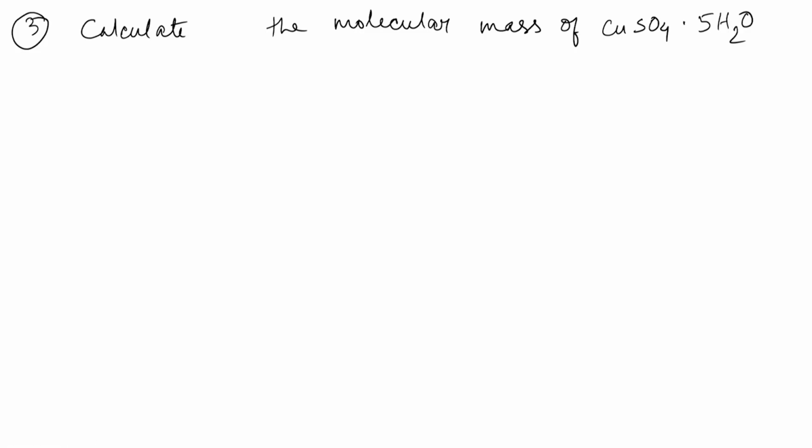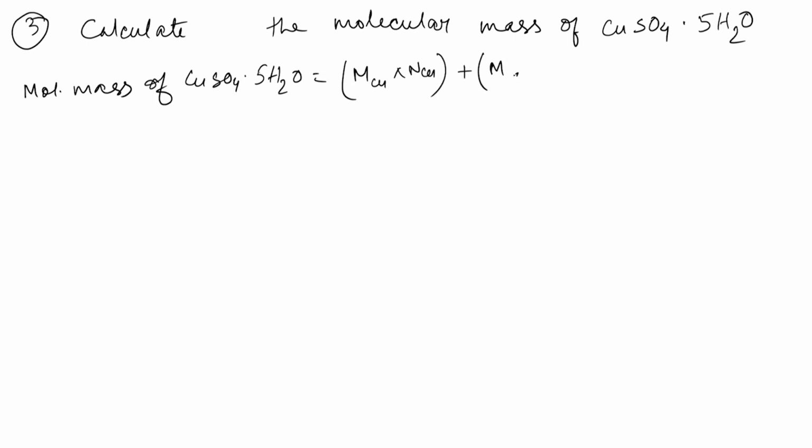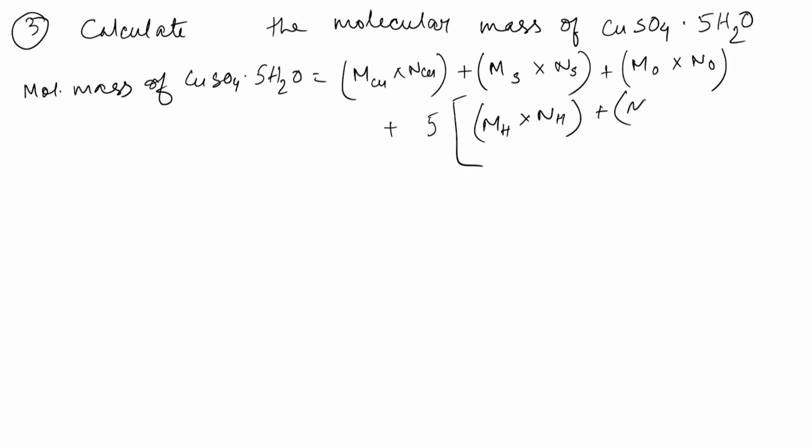So similarly as we have done for oxalic acid, molecular mass of copper sulfate is equal to mass of copper into number of copper plus mass of sulfur into number of sulfur plus mass of oxygen into number of oxygen plus 5 multiplied with mass of hydrogen into number of hydrogen plus mass of oxygen into number of oxygen.